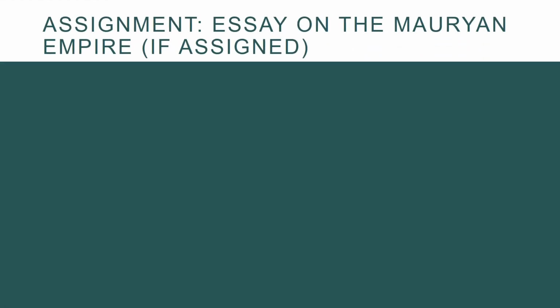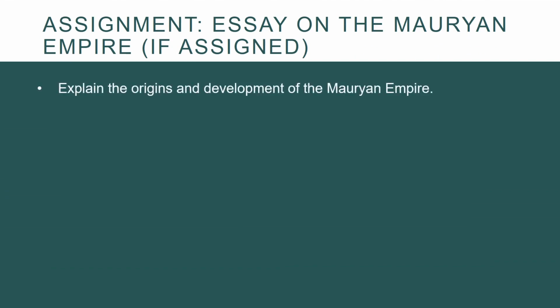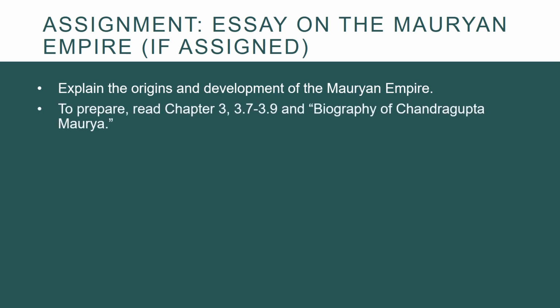For the essay, if assigned by your instructor, you are asked to explain the origins and development of the Mauryan Empire. To do so, first read Chapter 3, especially sections 3.7 to 3.9, and also the article Biography of Chandragupta Maurya, founder of the Mauryan Empire.